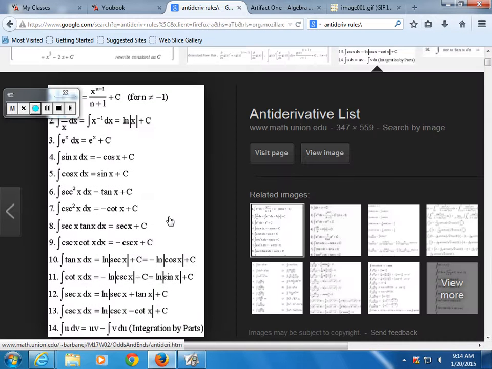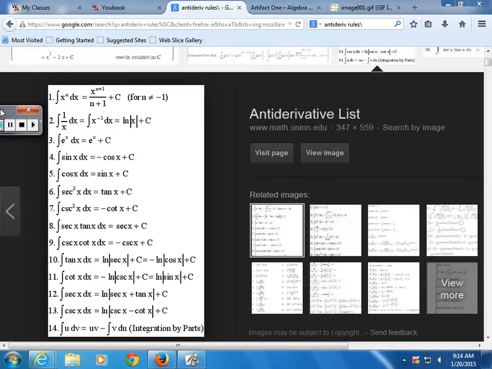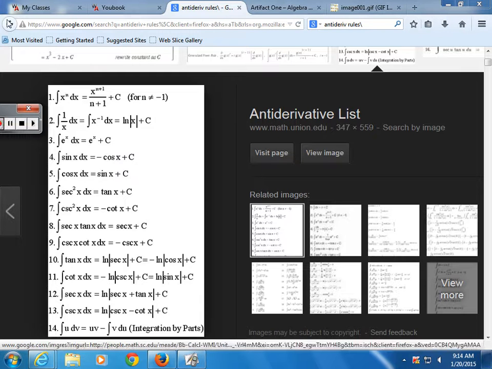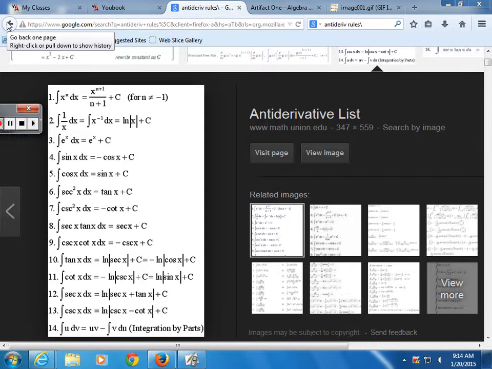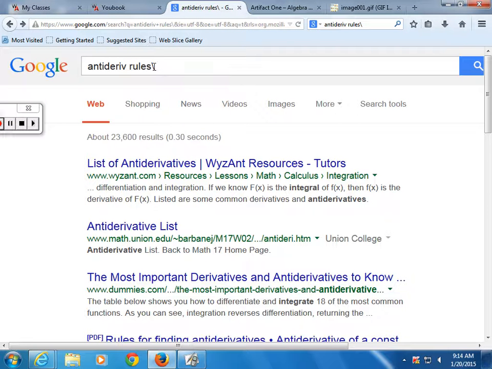There's a good sheet right there. All right, there's your power rule. There's your natural log. There's your trigonometric functions. That ain't what I want. Well, we can go ahead and work on those. Let's go ahead and do a worksheet problem. Antiderivative worksheet.